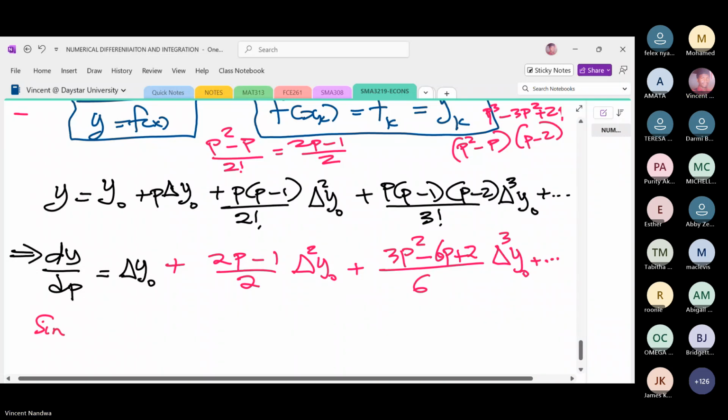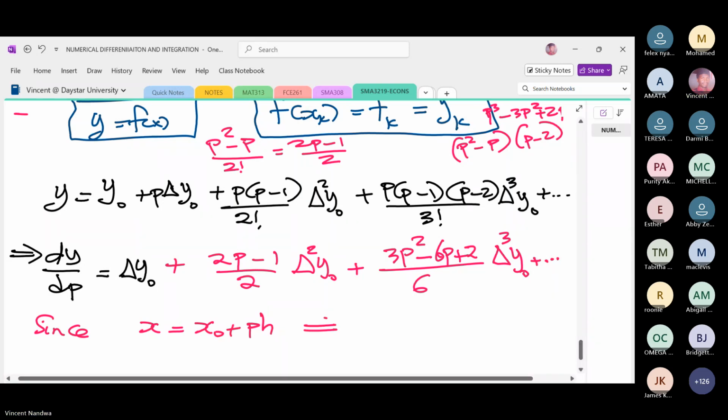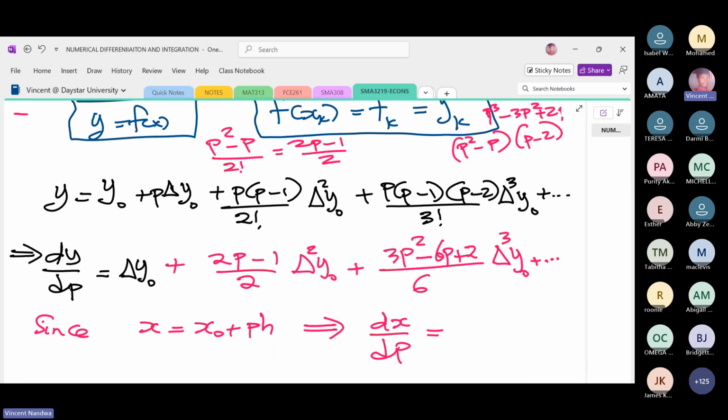Since any general value of x when they are equally spaced is x naught plus ph, then what is dx dp? Remember, x naught is the initial value, a constant, and h is also a constant, the mesh spacing.